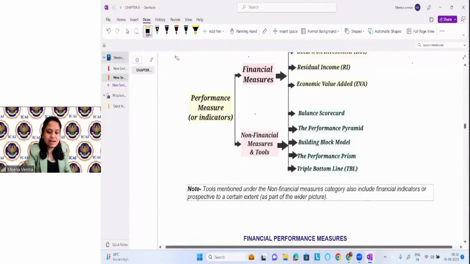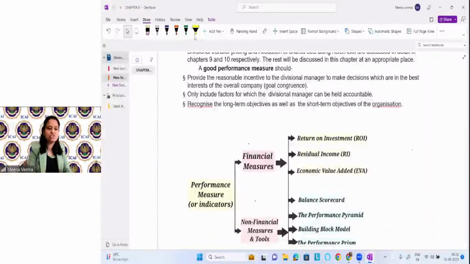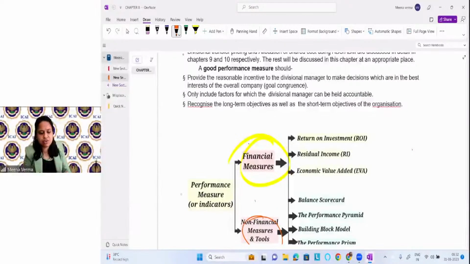But if you will see, there are some financial factors also, right, which is mentioned here. But let me tell you, only measuring the financial factors is not enough for measuring the performance of the organization. But when you are measuring both financial and non-financial factors, obviously you can use all these things here. Okay, what are these financial factors?